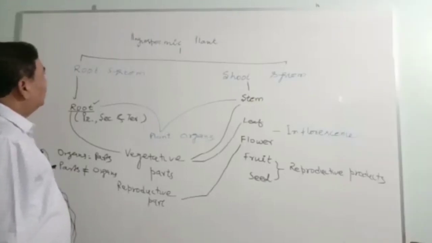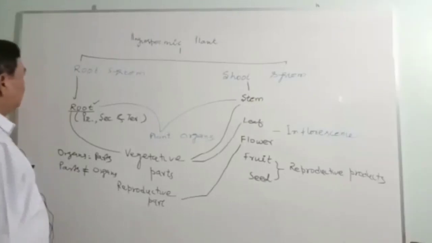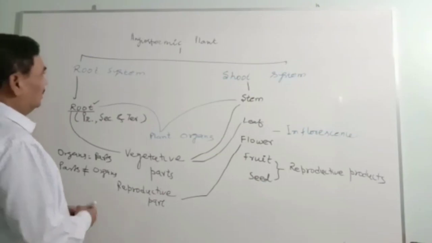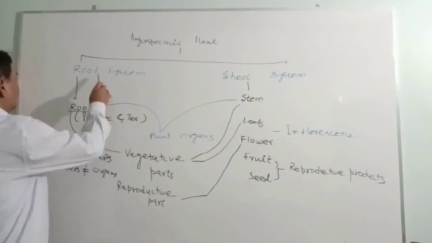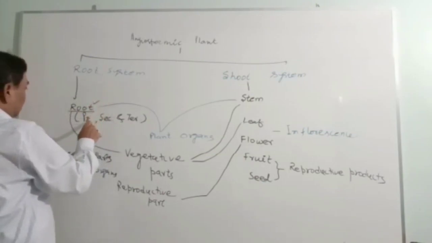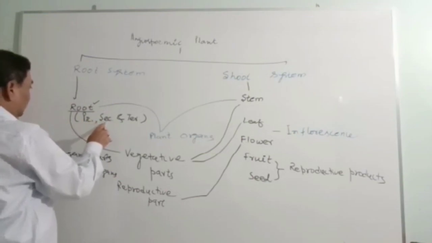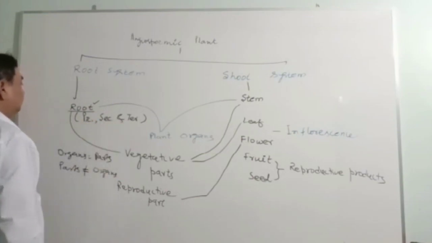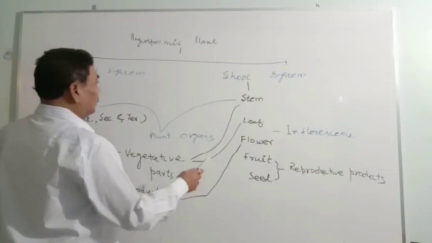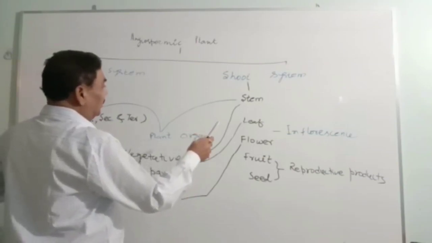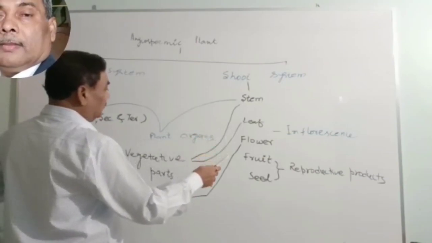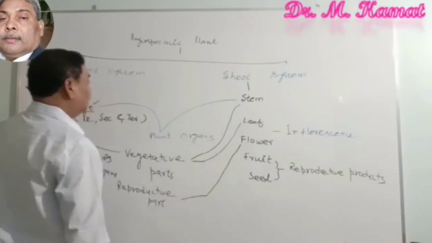Thus, an angiospermic plant has two well-developed systems, root system and shoot system. Root system has different types of roots, primary, secondary, and tertiary. Shoot system has a stem, leaf, flower, fruit, and seed.